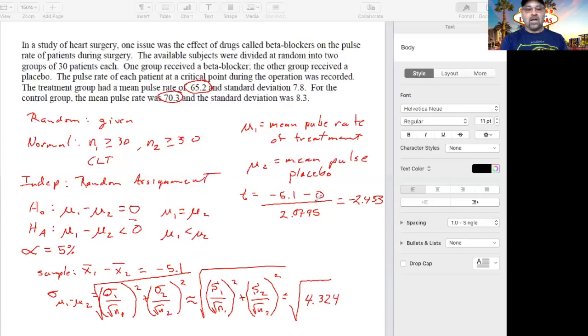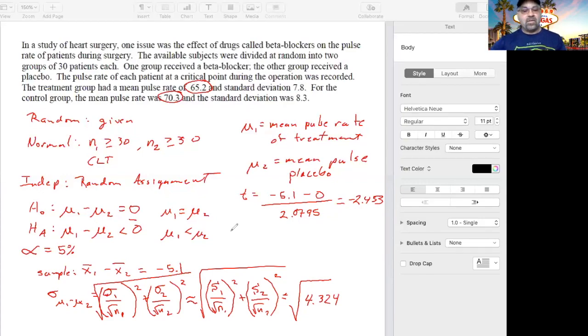TCDF. Lower bound would be negative infinity. Upper bound would be negative 2.453. Degrees of freedom, of course, in this case is 29. And there we go.